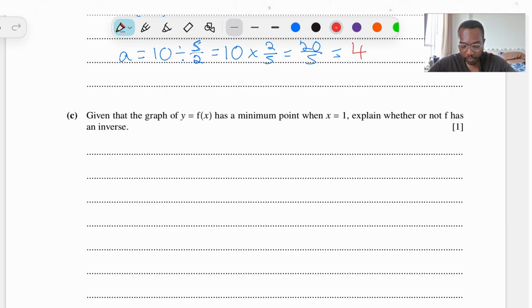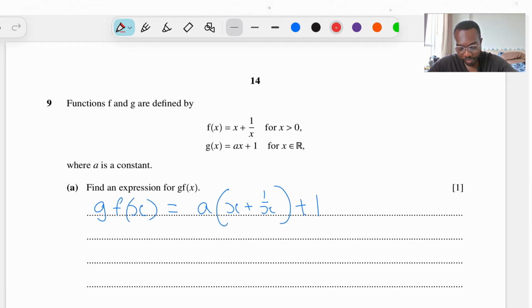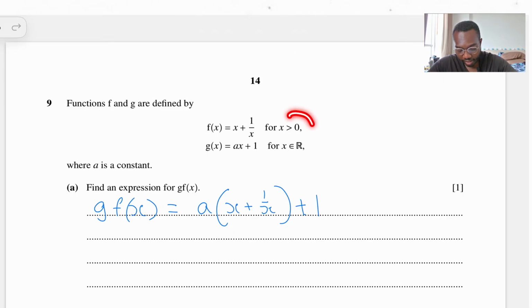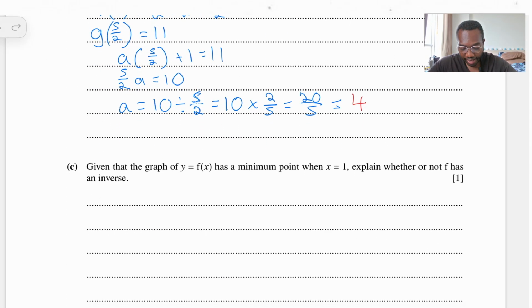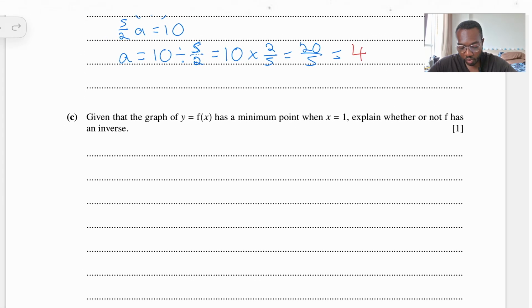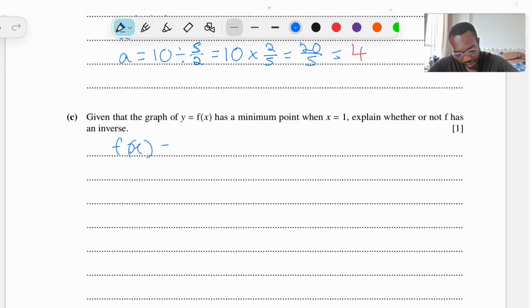So if we want to explain whether or not f has an inverse, what can we do? Well, we know that f of x has a domain of x greater than 0. So if we can find two values of x which share the same y coordinate, we know that it doesn't have an inverse. So f of x was x plus 1 over x.